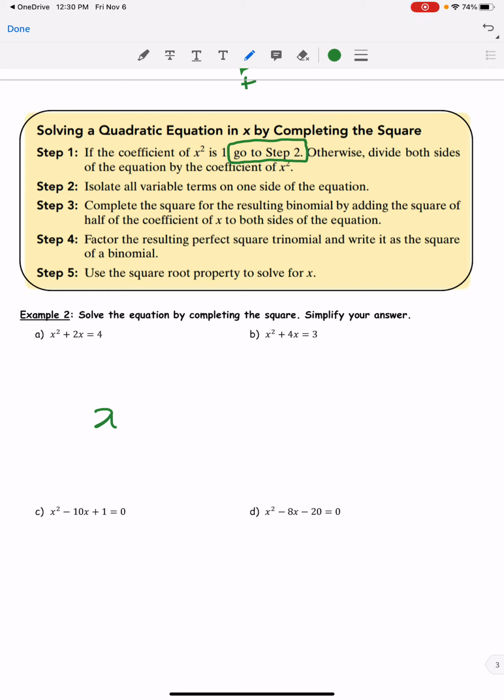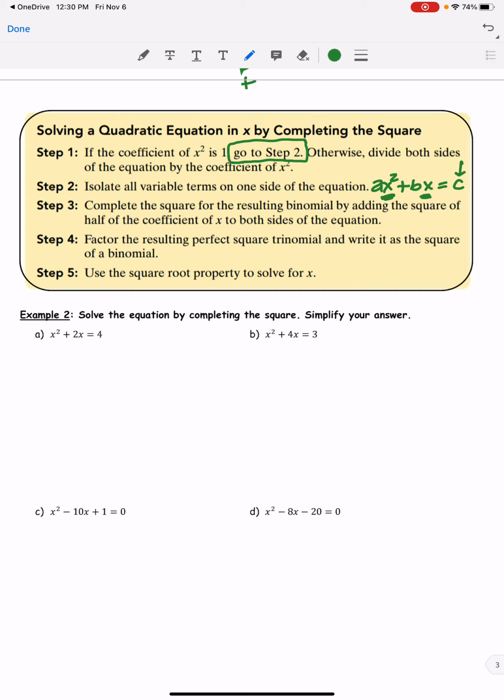That's different with completing the square. Now I want ax squared plus bx equals c. We want variables on one side, your constant on the other side. Okay, so a and b, that's what we're looking for.